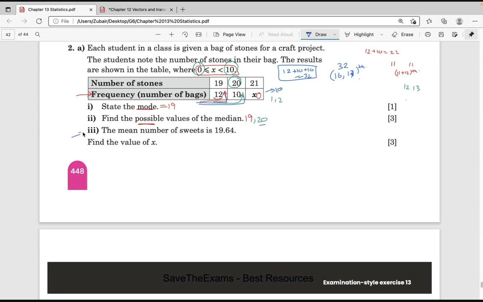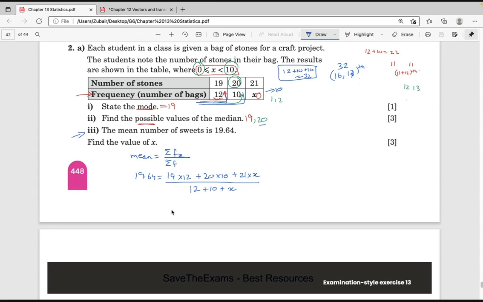Third part. The mean number of stones is given, so we are finding x. The mean should equal summation fx over summation f. The mean is given as 19.64. So it is 19 into 12 plus 20 into 10 plus 21 into x, over 12 plus 10 plus x.